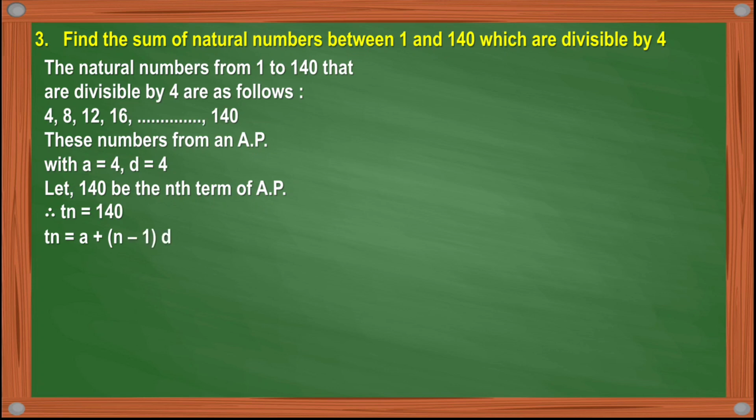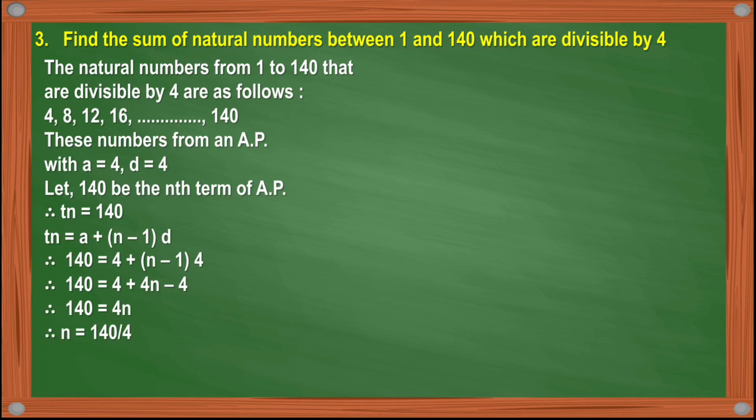Now in this formula we are going to put the values and find n in order to find the sum. So you know the calculation. Therefore n equals 35, which means we are going to find S35.